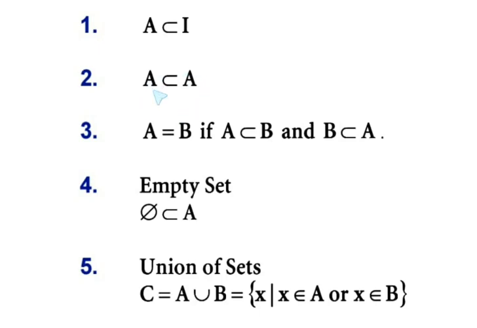And every set is a subset of itself: A subset A. A equal to B means if A is a subset of B and B is a subset of A, then from these two we can write A equal to B.